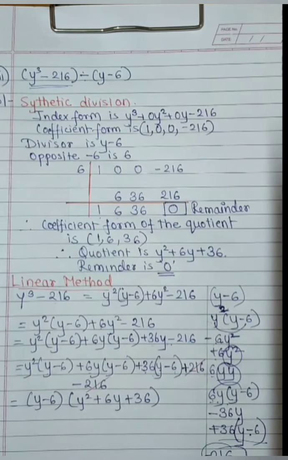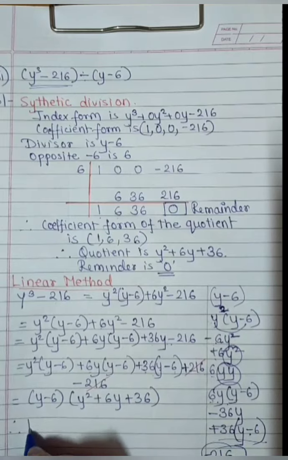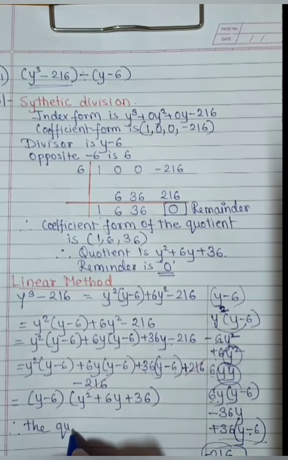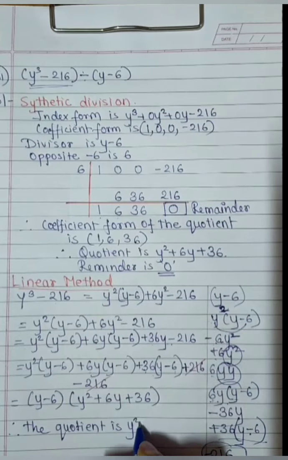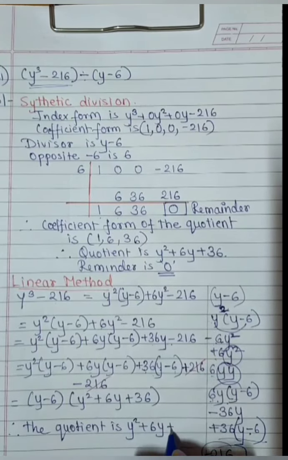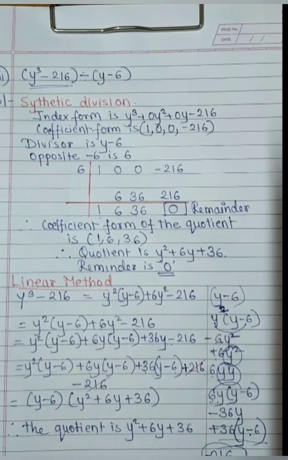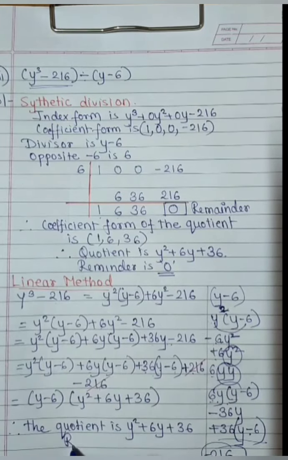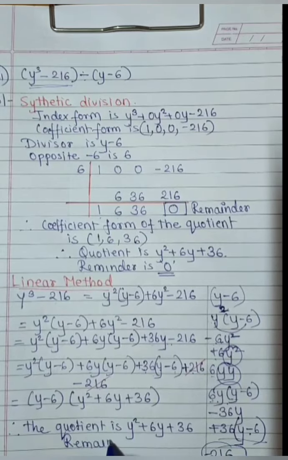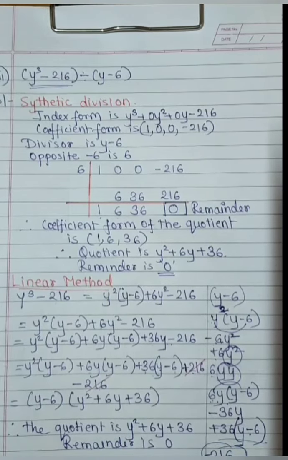We got this as a quotient, therefore the quotient is y square plus 6y plus 36, and here we got the remainder. Remainder is 0.